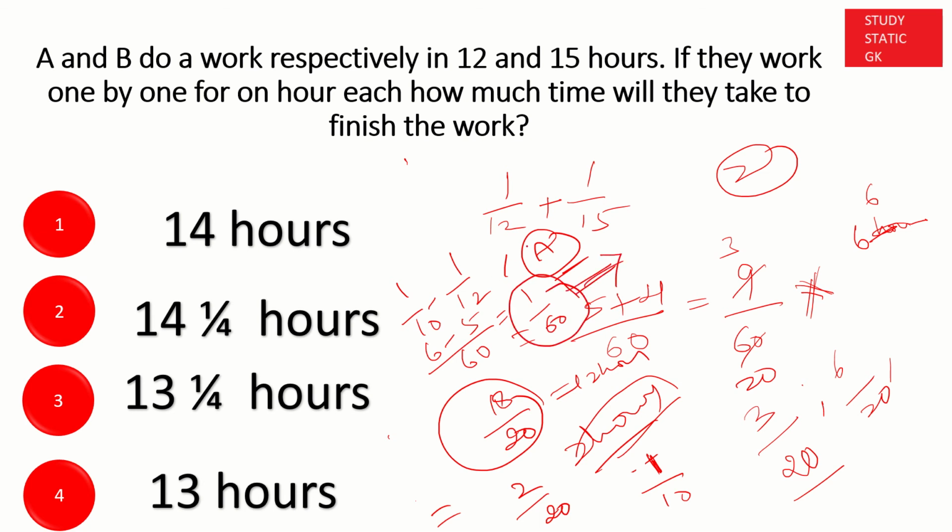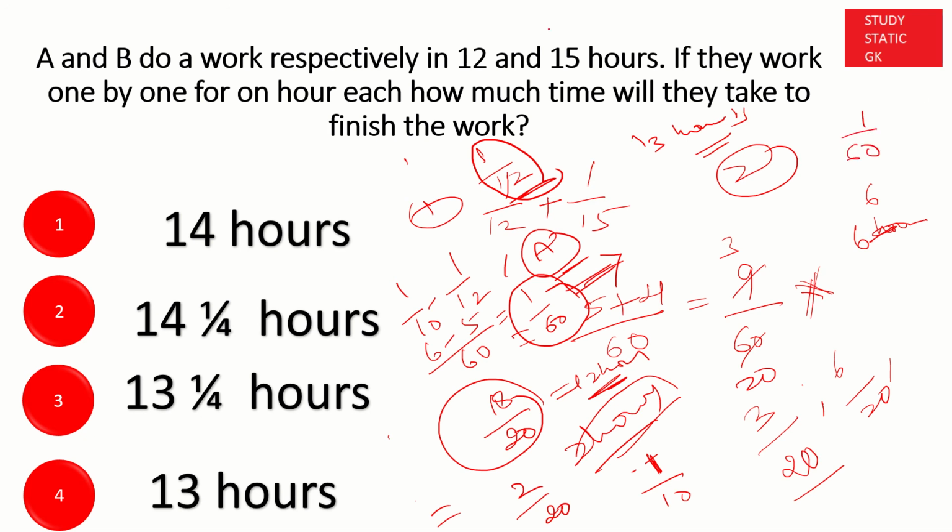So already 12 hours gone, and in the next hour A continues his work of 1 by 12th, right? So 13 hours completed, and the remaining work is 1 by 60.